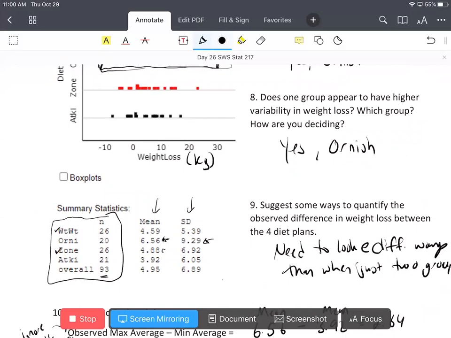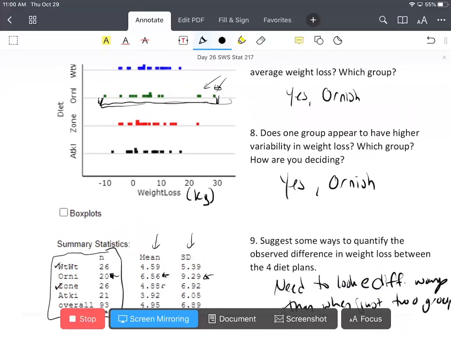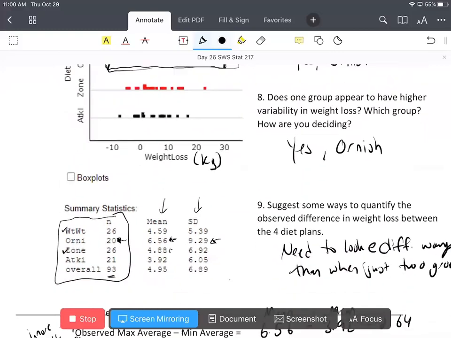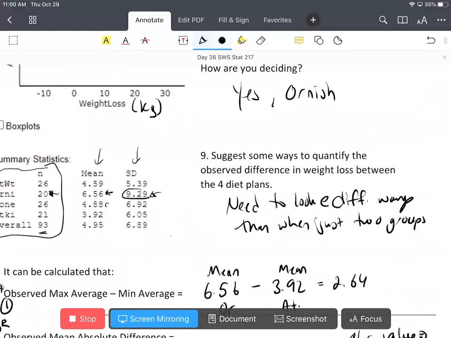Yeah, Ornish is just 20, so it's a little bit tight. Let's see if any of them are extremely skewed. No, they're all pretty evenly distributed. Ornish looks like it may be a bit skewed, but it's not bad. So the largest standard deviation is 9.29 and the smallest is 5.39.